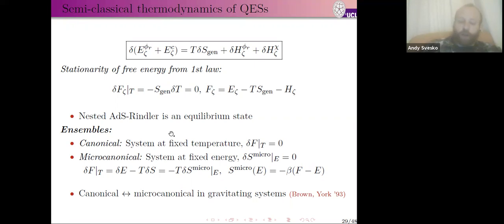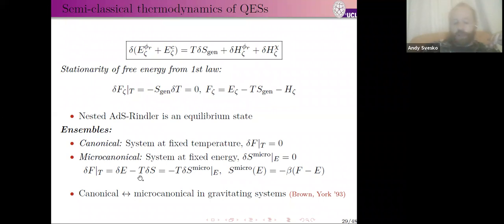And this defines a canonical ensemble, which is a system that's at fixed temperature. From the canonical ensemble, you can define a microcanonical ensemble, which in the standard thermodynamics lore is a system at fixed energy where your thermodynamic potential is given by the microcanonical entropy. The stationarity condition is then the variation of this microcanonical entropy at fixed energy.